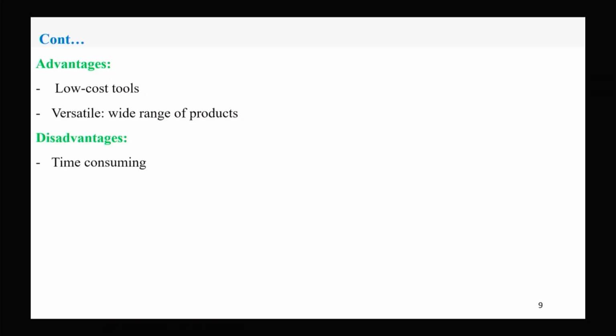The disadvantages are there. It's time consuming because it's open spraying. It's time consuming, labor intensive. You need physical labor because it's hand laying. Long curing cycle. We cannot increase the temperature, or it's open curing, so there is a long curing cycle.